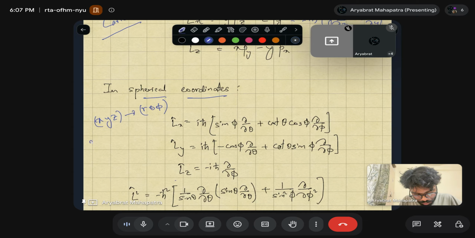If you remember, these are r sine theta, cos theta, and this transformation, when you do it, will be phi, cos phi. These things you know already very well.